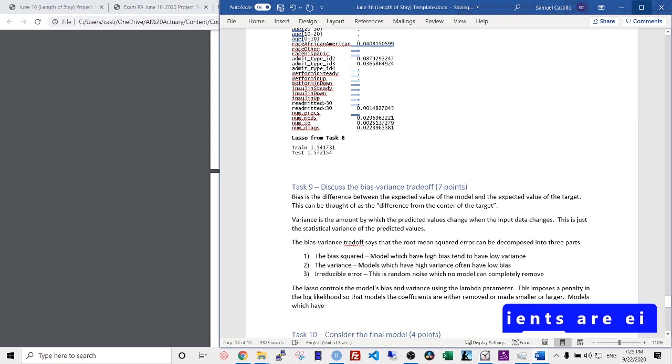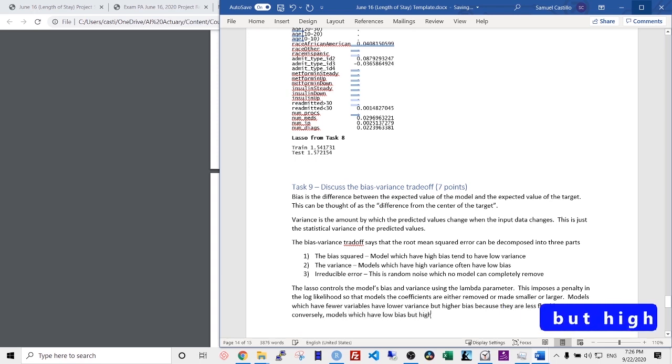Models which have fewer variables have lower variance but higher bias because they're less flexible. Conversely, models which have low bias but higher variance have more variables. By looking at many values of lambda and choosing the one which has the lowest error, the model can be optimized.